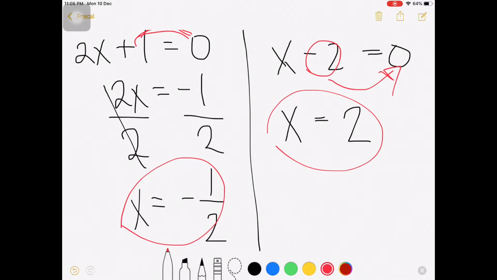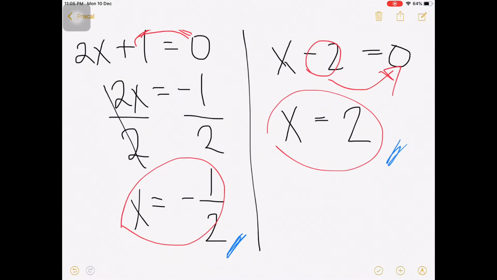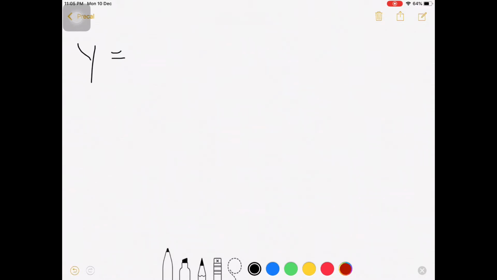We have to substitute negative 1 half and 2 to that equation. So first, let's use the negative 1 half first. So we have here y is equal to 3x plus 2. This was the equation that was substituted to the second equation.